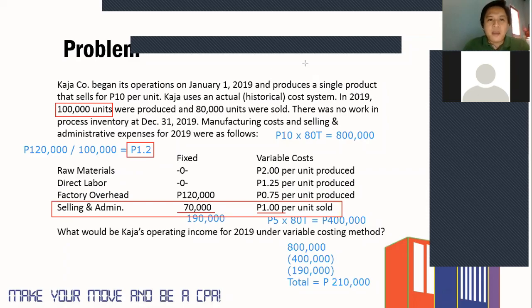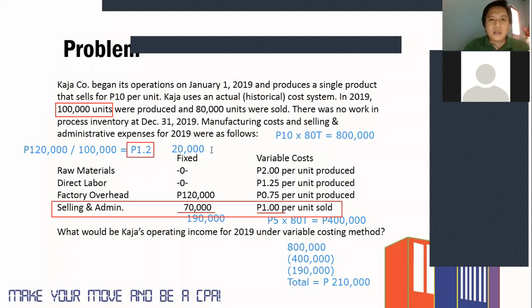So, itong 20,000 na unsold ay hindi pa natin mare-recognize, because hindi pa siya nabenta. Kailan mare-recognize? Pag nabenta na. So part of the 120,000, hindi pa natin mare-recognize.